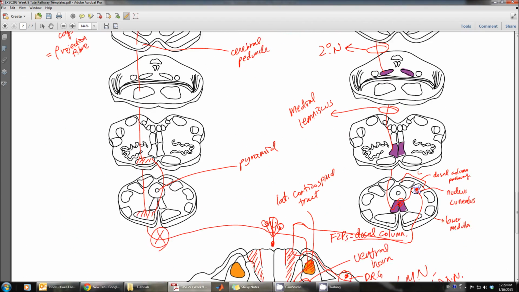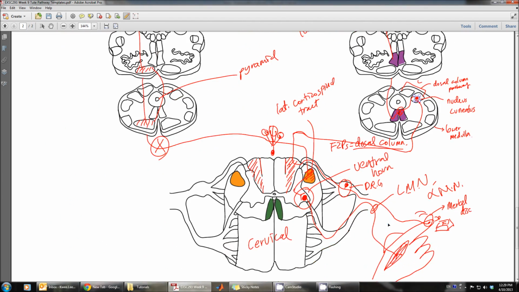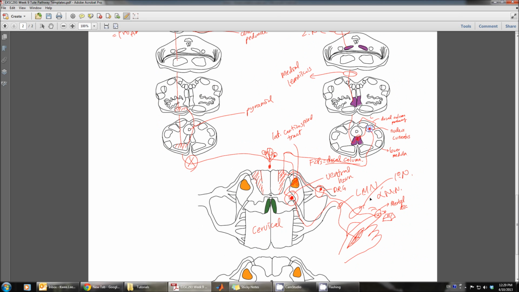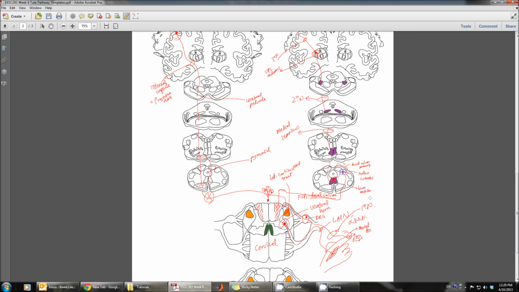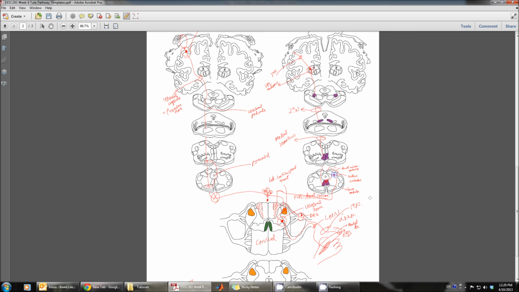And where was our first order neuron? First order neuron was this neuron which contains the Merkel disc receptor at the end. So this neuron is our first order neuron. So this is the story behind how we move our finger and how we feel the fine touch sensation of the fingertip.